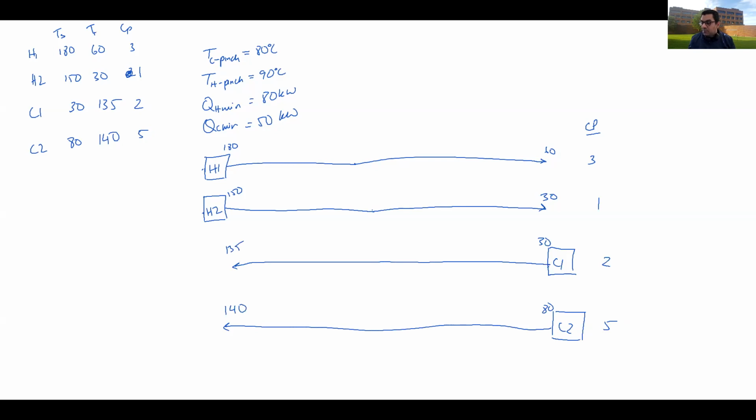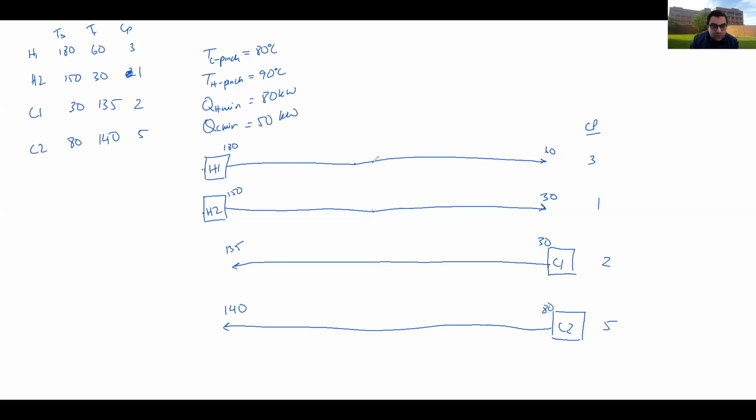Let's draw our pinch point and let's try to adjust for it. So I'm just looking at the solution to make sure we're not dropping a number here anywhere. Okay, good. So now I drew my 4 streams. Very nice. I have my CPs. Let's first of all divide it at the pinch.